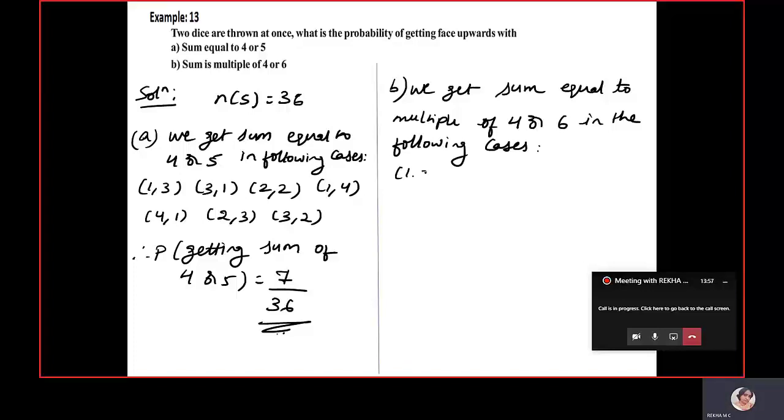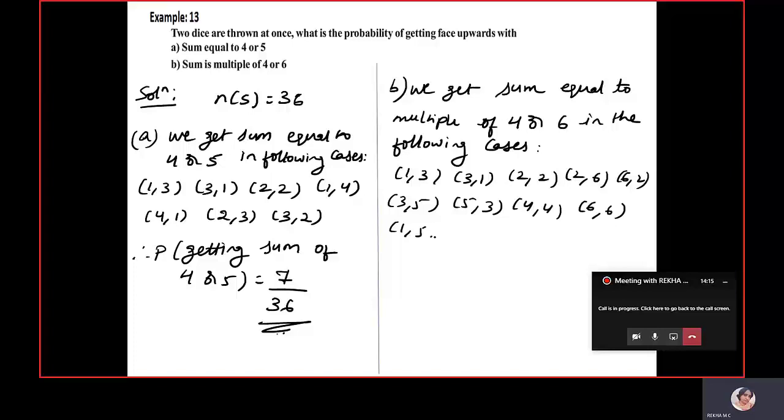That is 1, 3, 3, 1, 2, 2, 2, 6, 6, 2, 3, 5, 5, 3, 4, 4, then 6, 6, 1, 5, 5, 1, 2, 4, 4, 2, 3, 3.